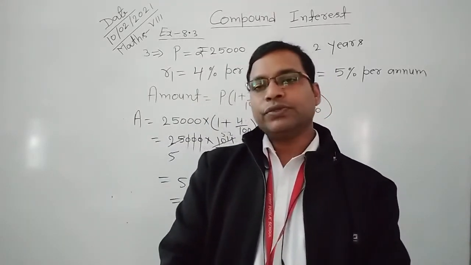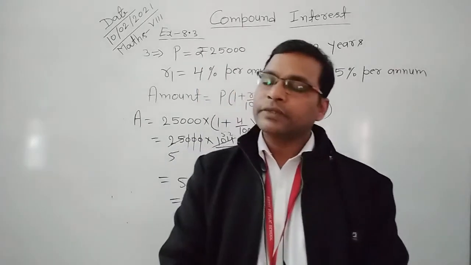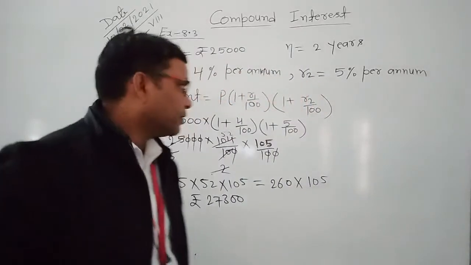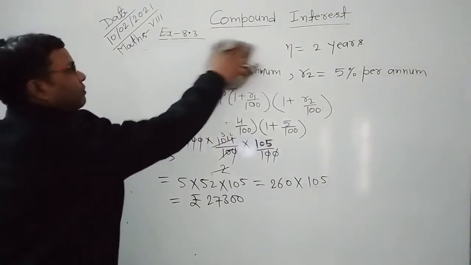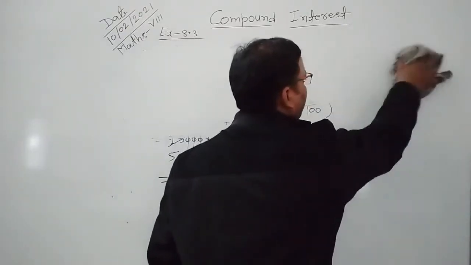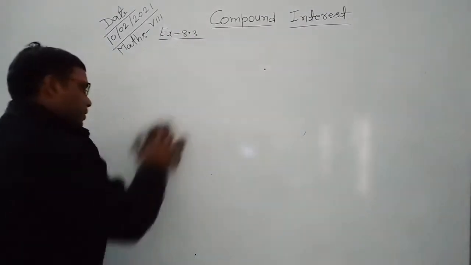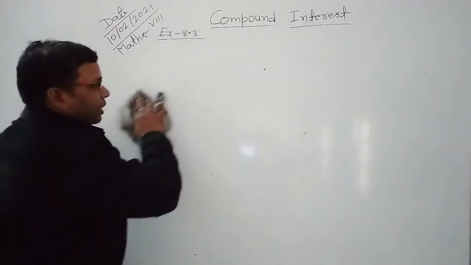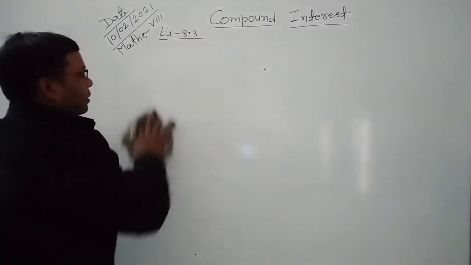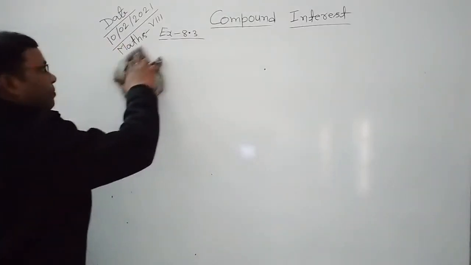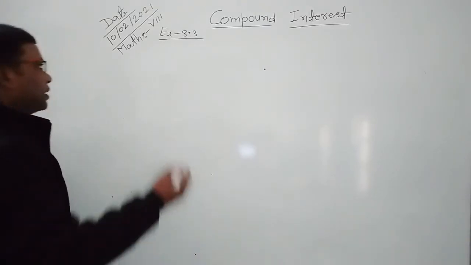Now in this question time is given as 2.5 years, so first we find the compound amount for 2 years.